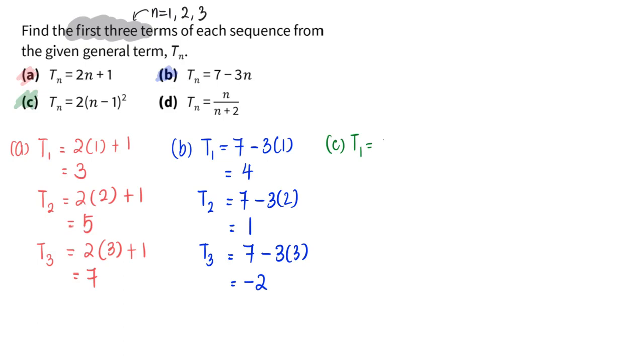Where the term is 2 bracket n minus 1, so it's 1 minus 1 bracket square, and this will give me a value of 0. T2 will be equal to 2 times n is 2 now, minus 1 bracket square.